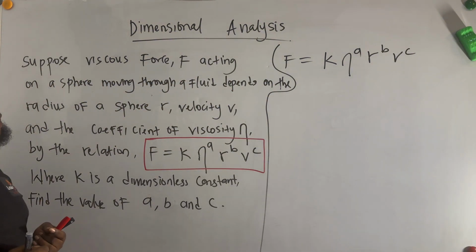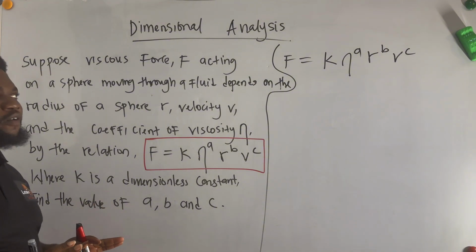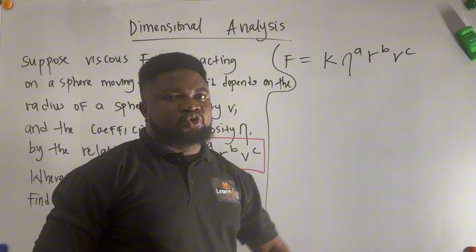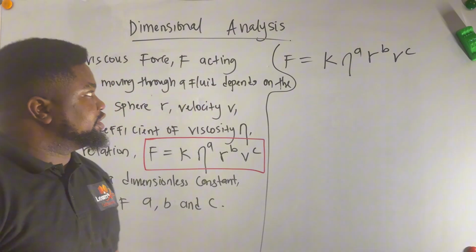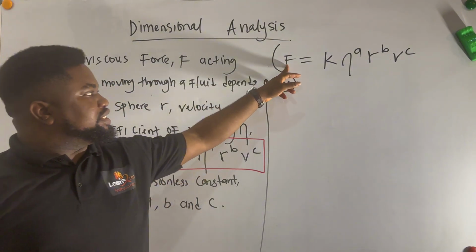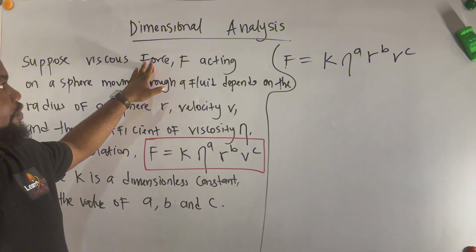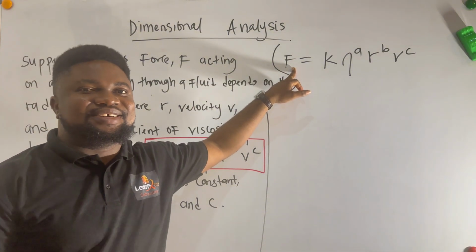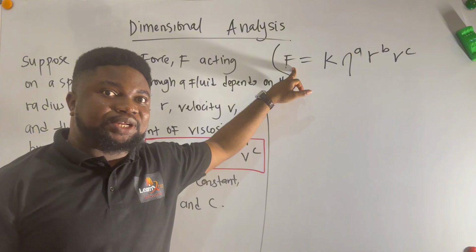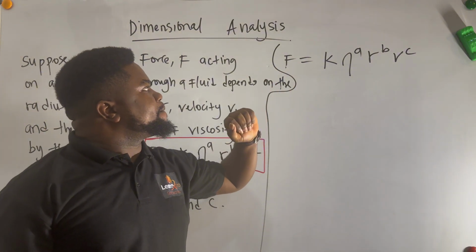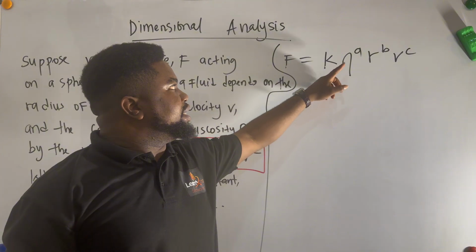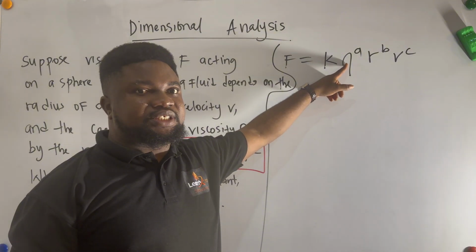So how do we solve this? The first thing is to convert each of these things given to us to their respective dimensions. Yes. F is force, viscous force, and force, I told you, is MLT power minus 2. K is dimensionless, so we will not work with the K. Eta is viscosity.